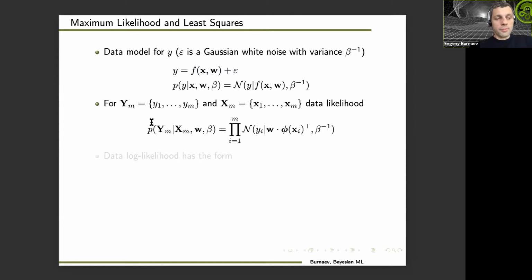Because all our observations are independent and identically distributed, the joint likelihood is given by the product of Gaussian densities with mean values equal to this and variance equal to this.